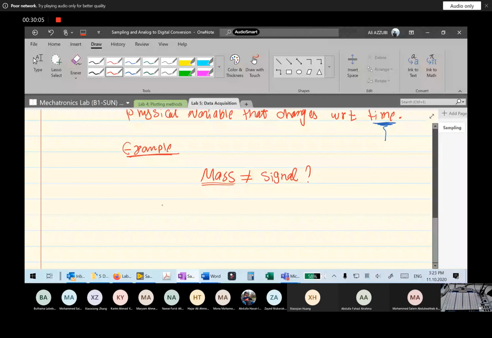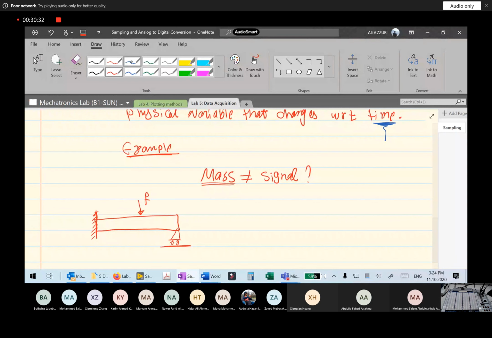Now imagine that you have a beam like this. The beam is fixed here, and let's put here a pivot, and here you have a force. Now if you consider the vibration of this beam, this is a signal.